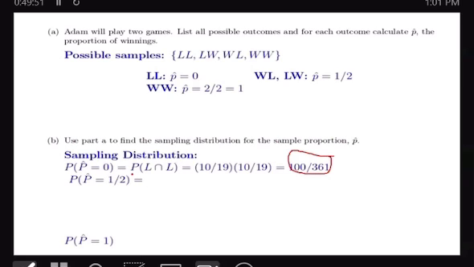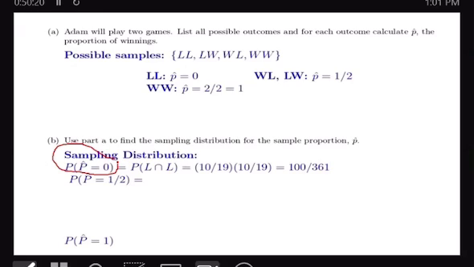Now, the probability that p cap is going to be equal to half. Let me tell you this. This is trying to say: what is the probability that your statistic, which is the estimate of the proportion, will be 0? Don't forget, the statistic becomes a random variable.